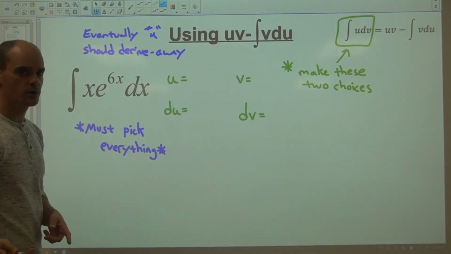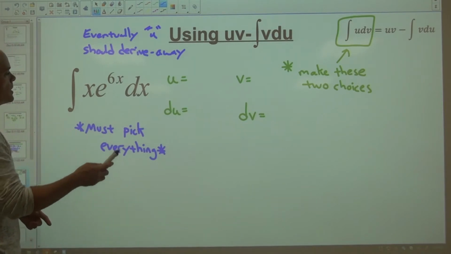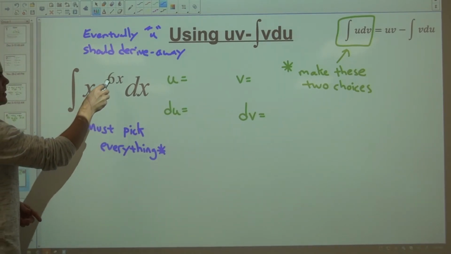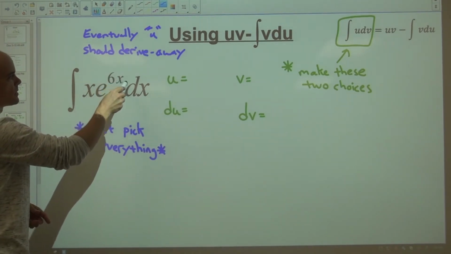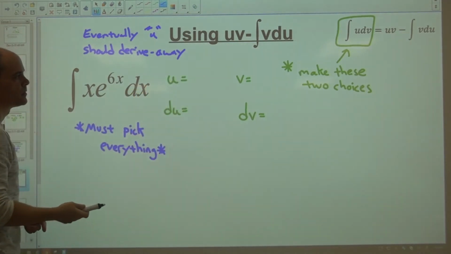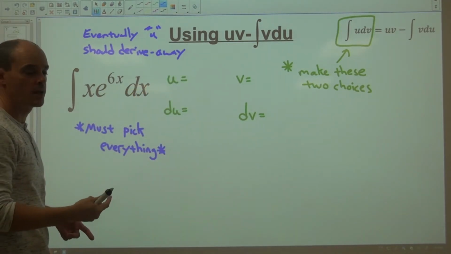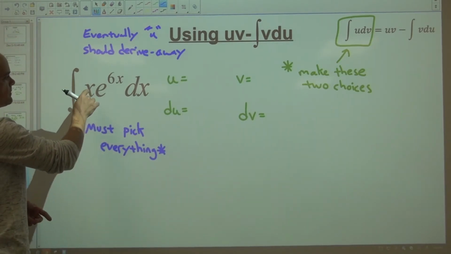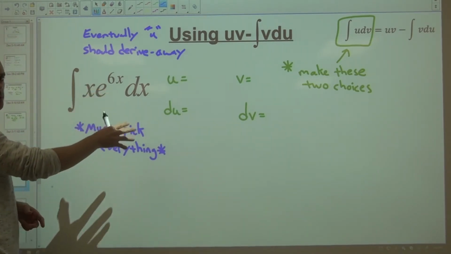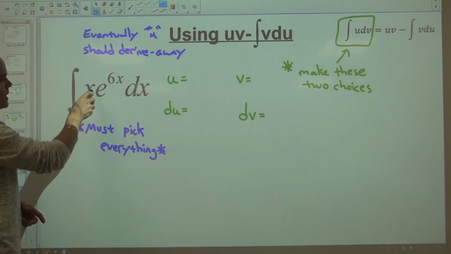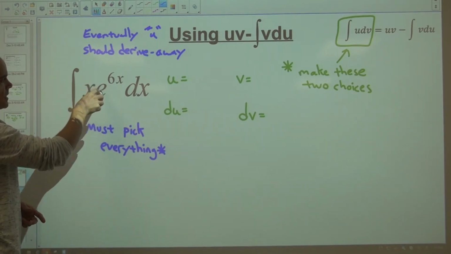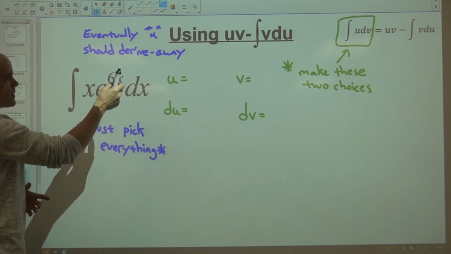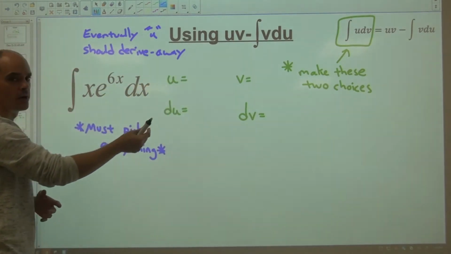Let's make a lot of wrong choices first. So if I picked 6x as my u, the derivative of 6x would be 6, and then it would become 0. The problem with that is that dv would have to be everything else. Well, I can't make dv x times e to the, because the only thing I used here was the 6x.